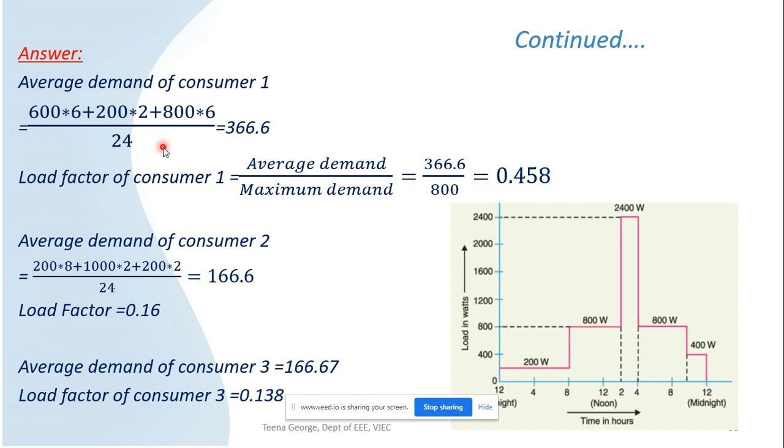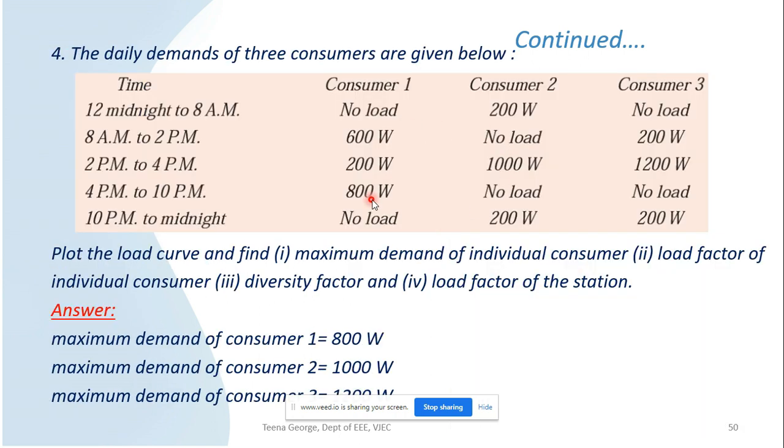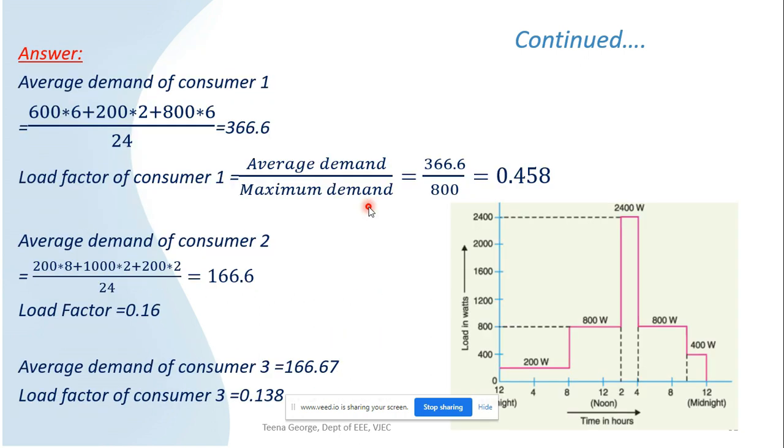That is the average demand of consumer 1, 366.6. Load factor is average demand by maximum demand, 366.6 divided by 800 watts, that is 0.458.